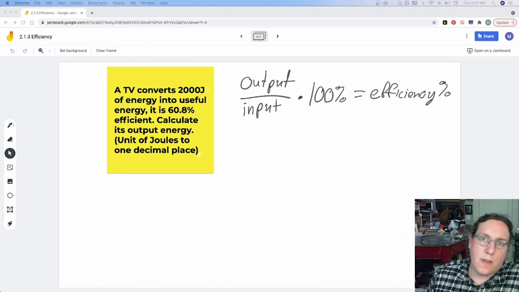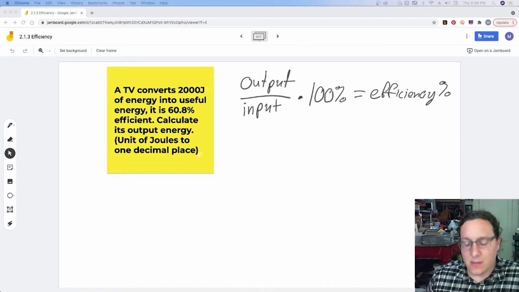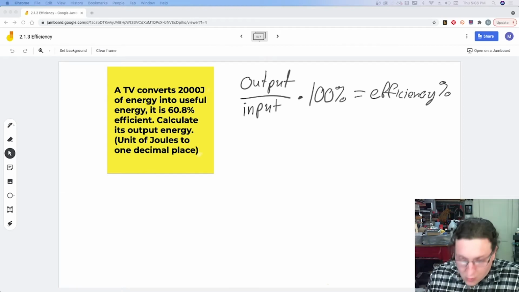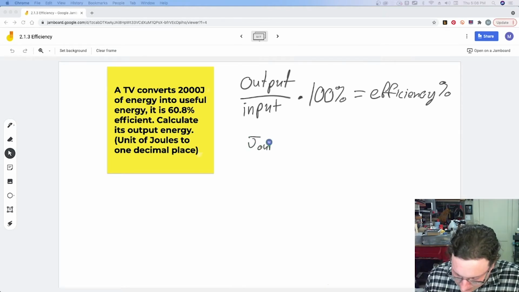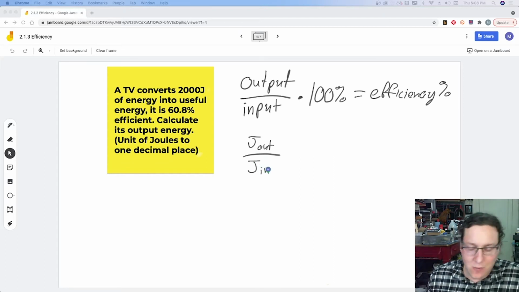So the other core thing to remember about efficiency is whatever unit you put into attached to your output needs to be the same unit that you're connecting to your input. So if we're dealing with joules in this problem, we know that that joules output needs to be over joules input. Okay, we can't have different units there.